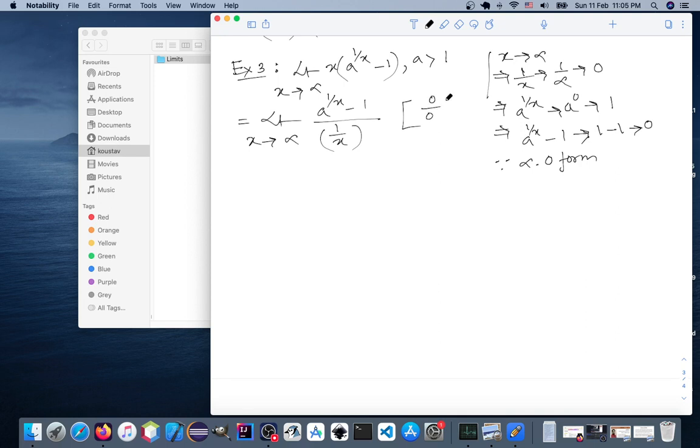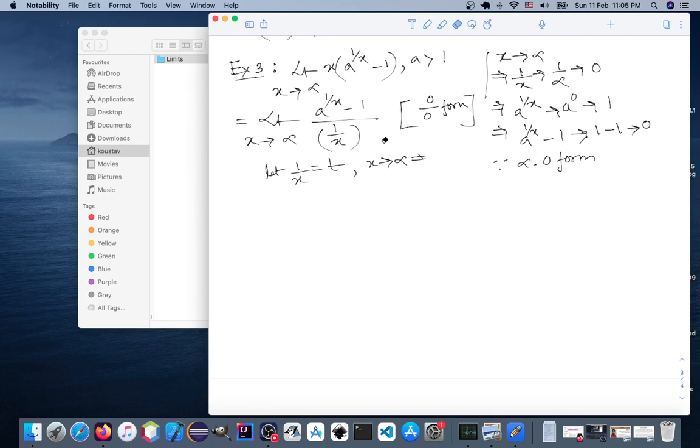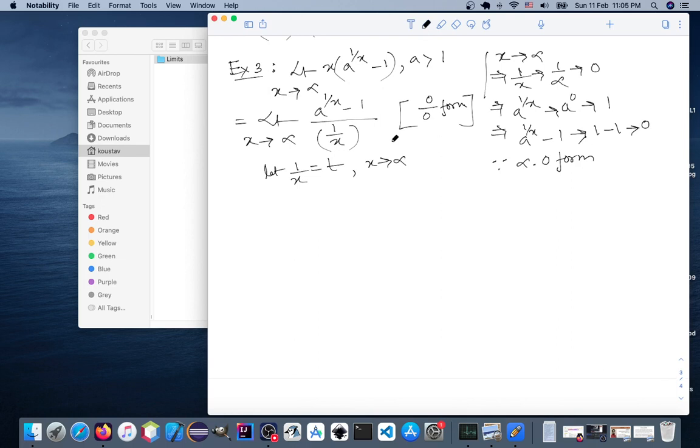This is 0 by 0 form. Instead of applying L'Hopital's rule, we can clearly see that if we let 1 by x equal t, then when x tends to infinity, t tends to 0.